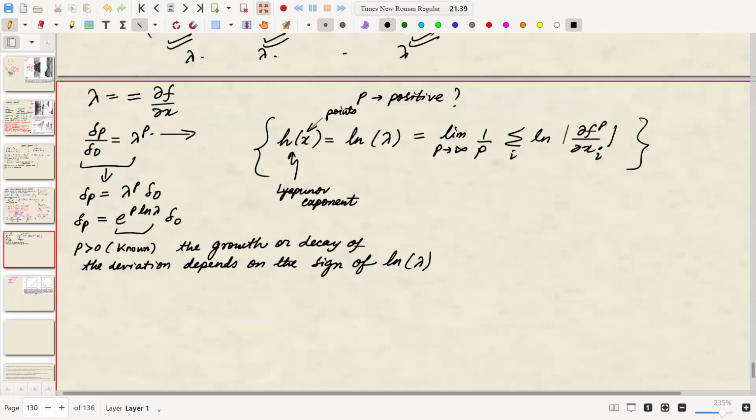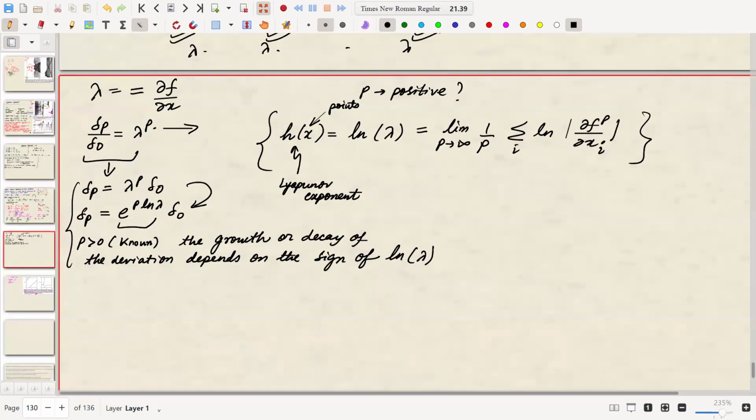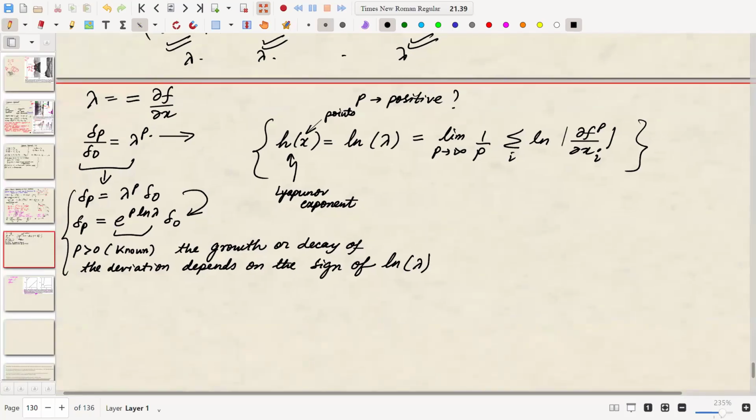Just look into this, this is much more important. Delta P by delta naught is lambda to the power P, right? So rewrite this: delta P is lambda to the power P delta naught. Then I used this logarithmic trick to write it in terms of log. So delta P is e to the power P ln lambda. Now, the exponential e to the power x can grow when x is positive.